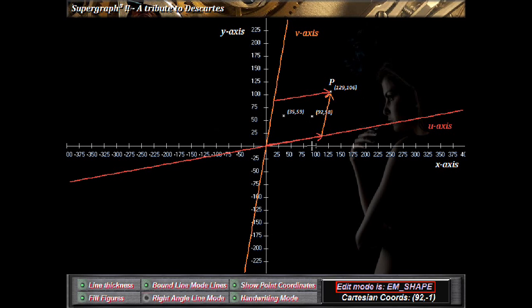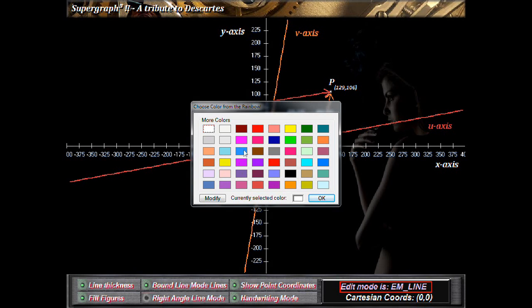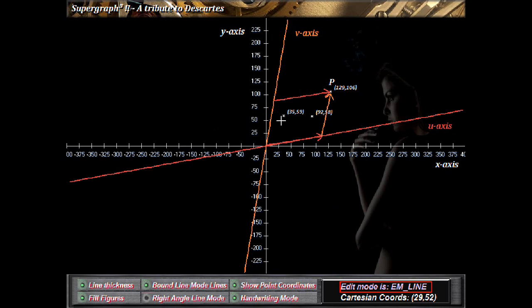Well, actually, I don't really need the second point. Suppose I have a point and I want to draw a line parallel to this line. Can I do that unambiguously? The answer is yes. I would make a line. Oh yeah, I changed my key binding. This unbounded.